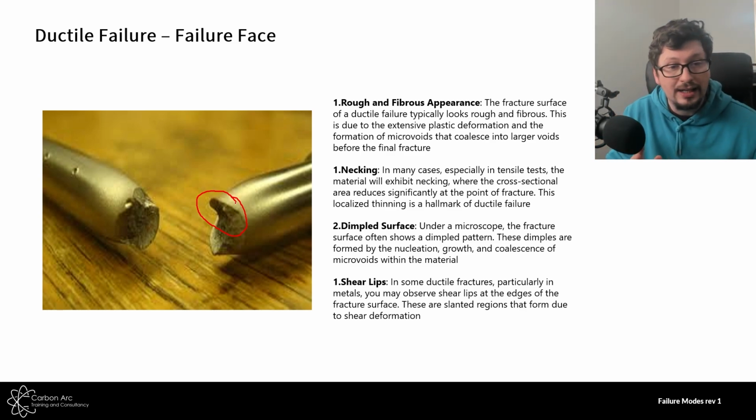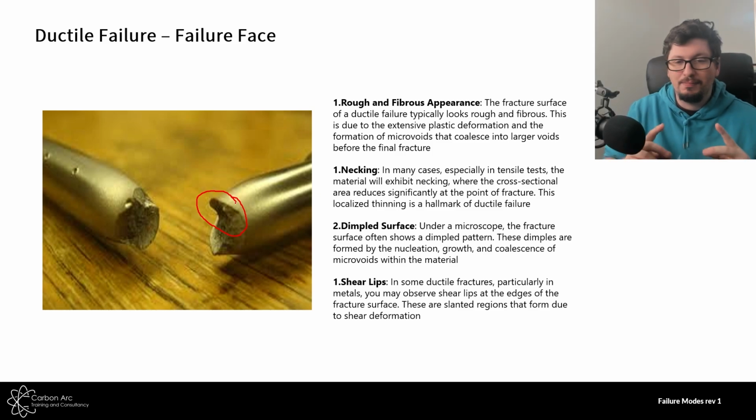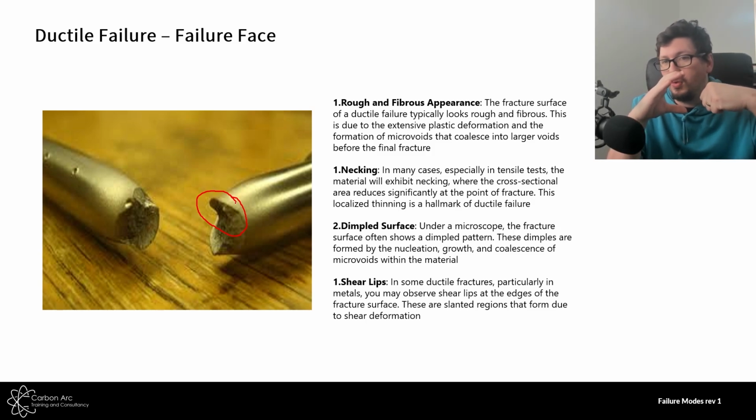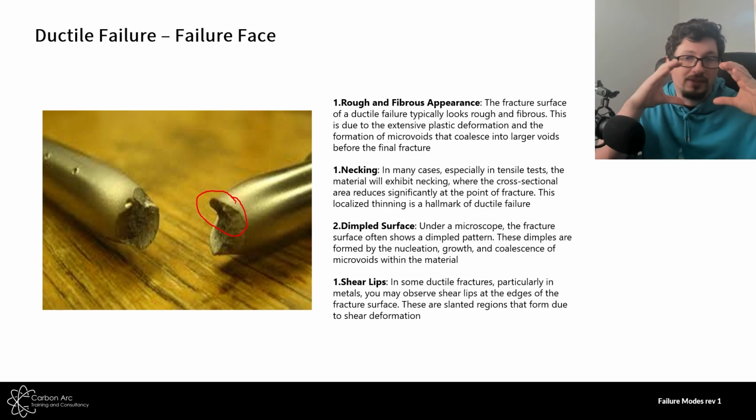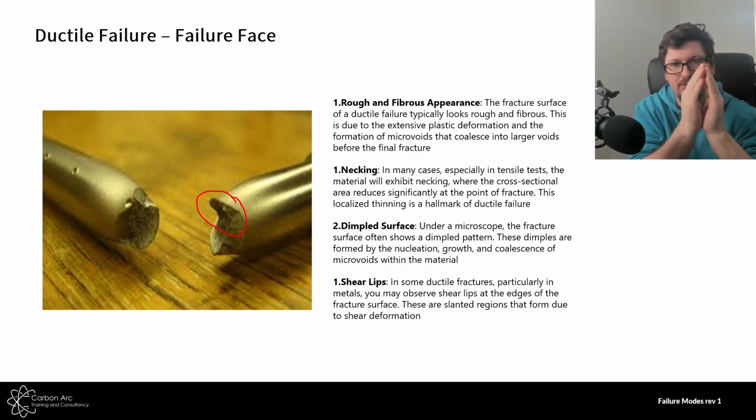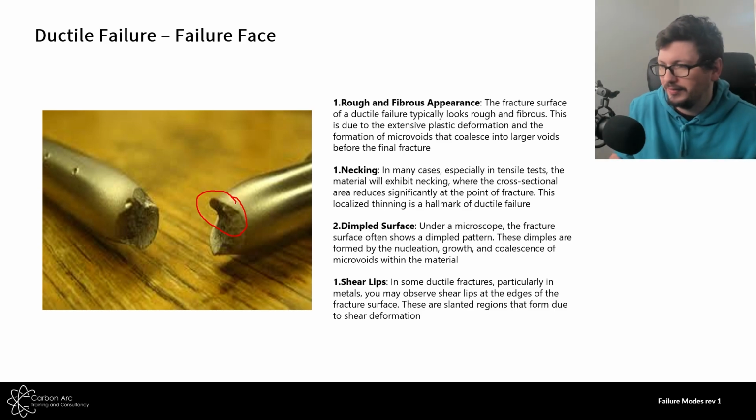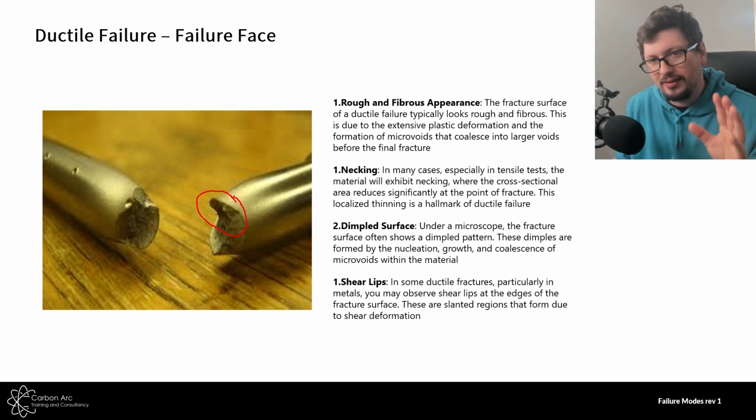Now, in some cases this can be a cup and ball type arrangement, where one side gets the shear lips and the other side is more like a ball, and they fit back together inside of each other. Sometimes both sides have the shear lips as they pull apart and are cupped equally. But shear lips are the big thing.